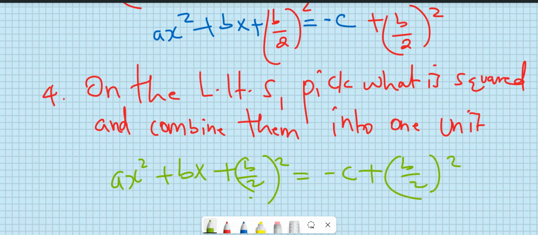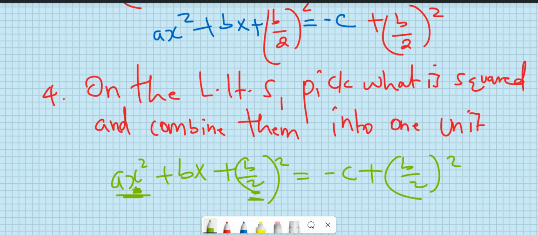So this is what has been squared and this is what has been squared. So what is that? This is actually x only, and this is b over 2 only. Mind you, you only pick what has been squared. A is not squared, it's only x that is squared. Here, this is not squared, this is not squared, but b over 2 is squared.